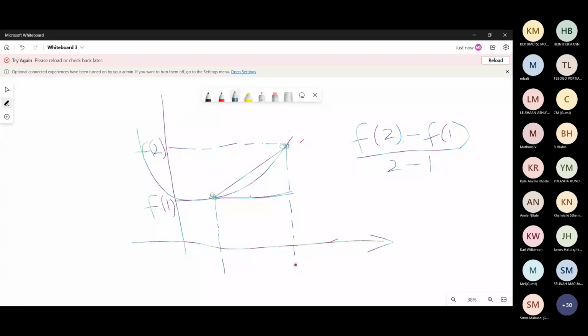Now, assume that instead of 2 here, we take a very small number, say 1 plus h. So this now becomes f of 1 plus h.